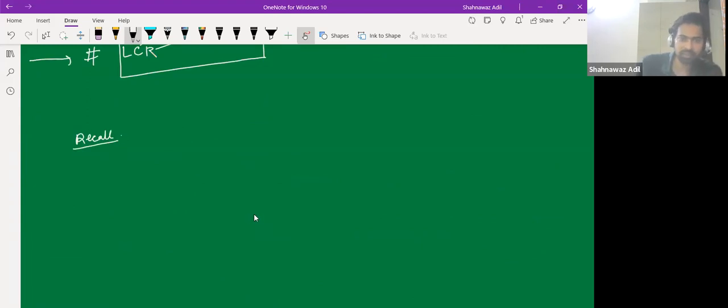recall that, let's say you have a vector which is this, and you have this vector which is b vector. So what would be the resultant of these two vectors?